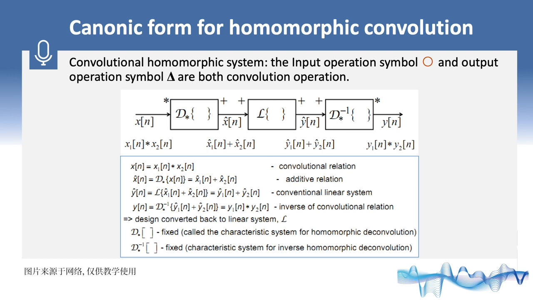Finally, the inverse of the first system takes additive inputs and transforms them into convolutional outputs. The first system is fixed and called the characteristic system for homomorphic deconvolution. The second system is a linear system and important in designing. The third system is fixed and called the characteristic system for inverse homomorphic deconvolution.